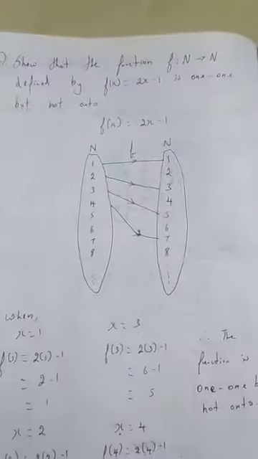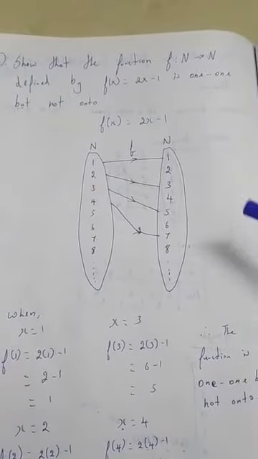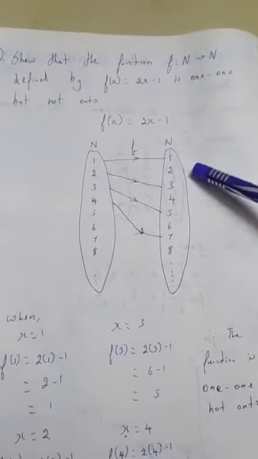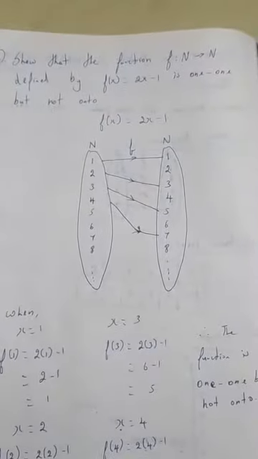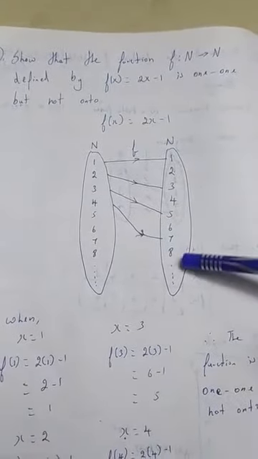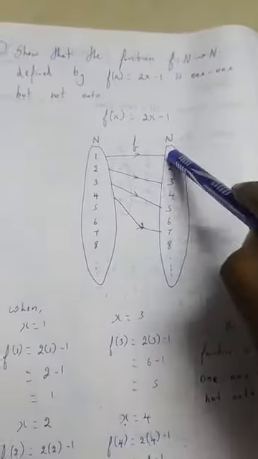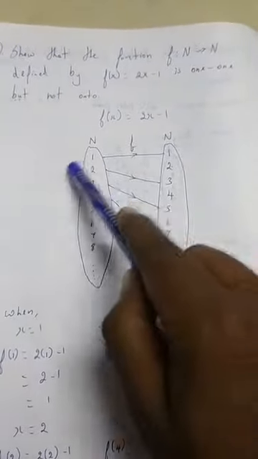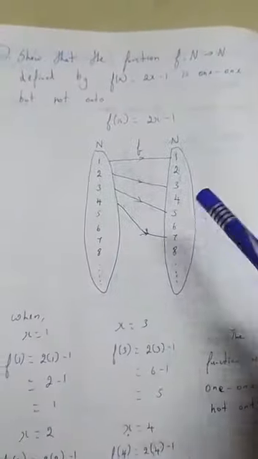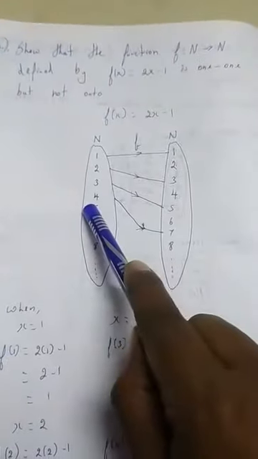But not onto function. What do you mean by onto function? Onto function is nothing but all the elements in the codomain must have a pre-image. So if you look at the codomain elements 1, 2, 3, 4, 5, 6, 7, 8, 1 has a pre-image, that is 1. What about 2? 2 doesn't have any pre-image in set A. 3 has a pre-image, that is 2. 5 has a pre-image, 7 has a pre-image.